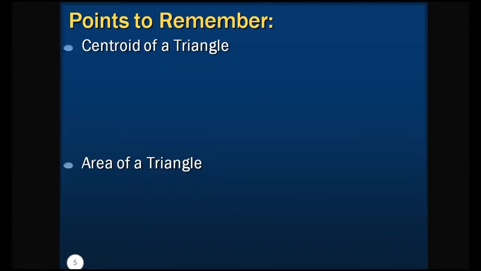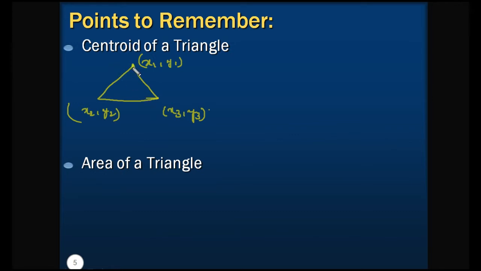Before concluding this session, let's list out some of the formulas which are very useful to solve many numericals. As you all know, a triangle will have three vertices. Say a triangle with three vertices x1 comma y1, x2 comma y2 and x3 comma y3. Now the centroid is the intersection of the lines joining each vertex to the midpoint of the opposite side.